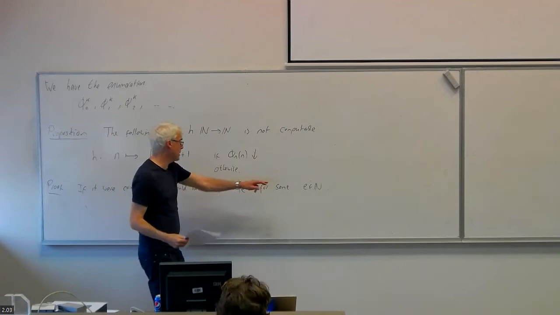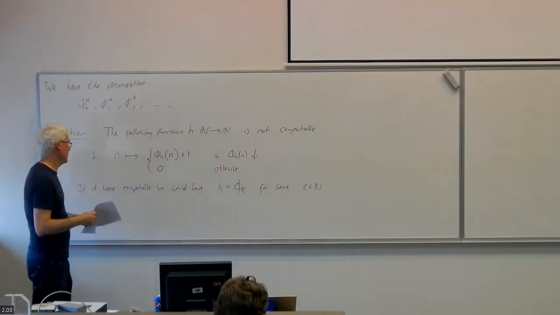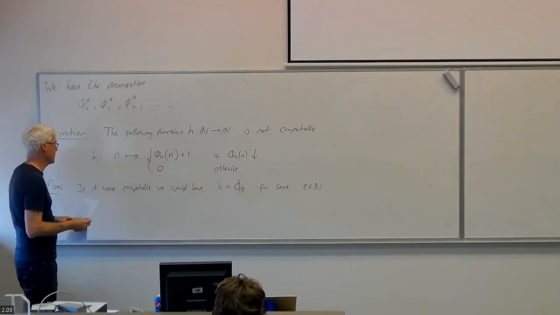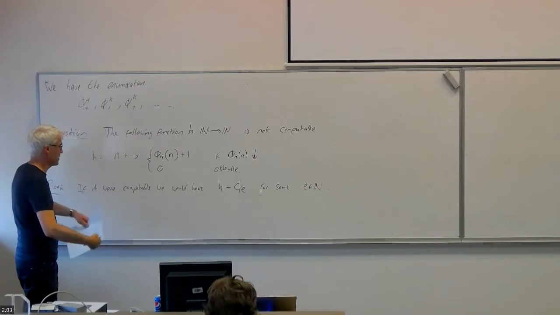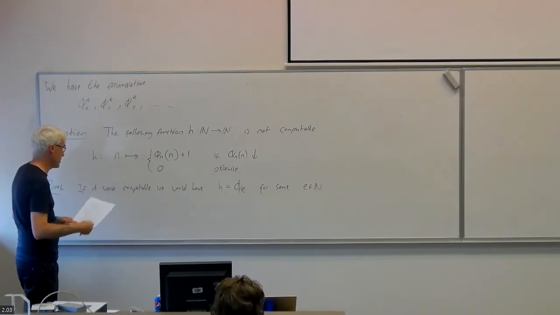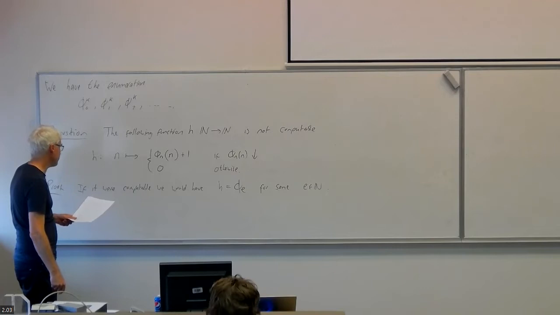We think of the numerical index as a code for the partial function, in this case a total function. h is a total function, and it's explicitly defined as a numerical representation of a Turing machine computable function.